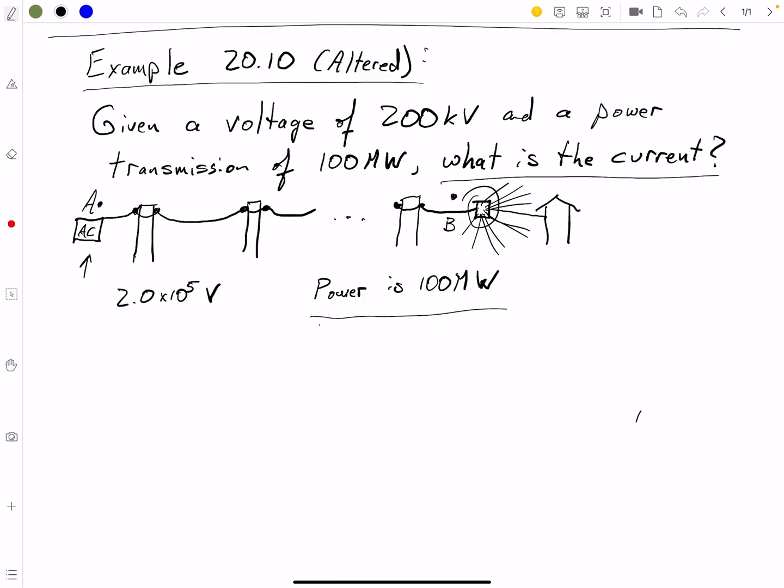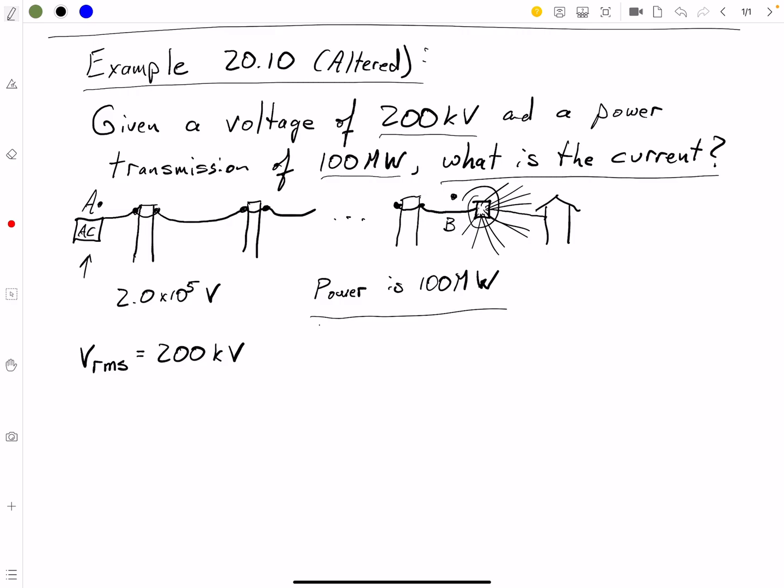Now, we've been given this number, and we've been given this number. And I told you in class what to think about those numbers, and hopefully you'll remember what I said. When somebody gives you a voltage like this, that voltage is truly the VRMS. If they don't say it's the peak voltage, then it's your VRMS.